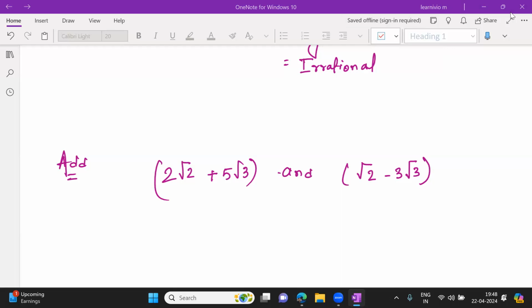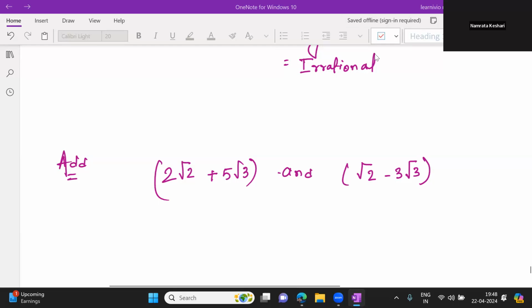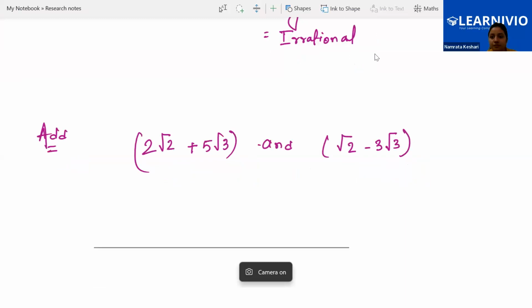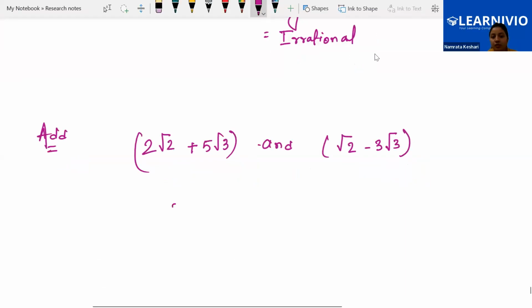Ma'am, 3 root 2 plus 2 root 3. You got the same, Samya? Ma'am, 3 root 2 plus 2 root 3.